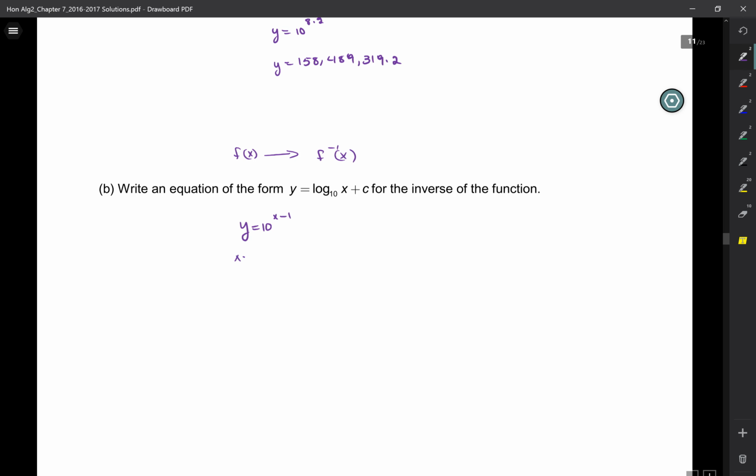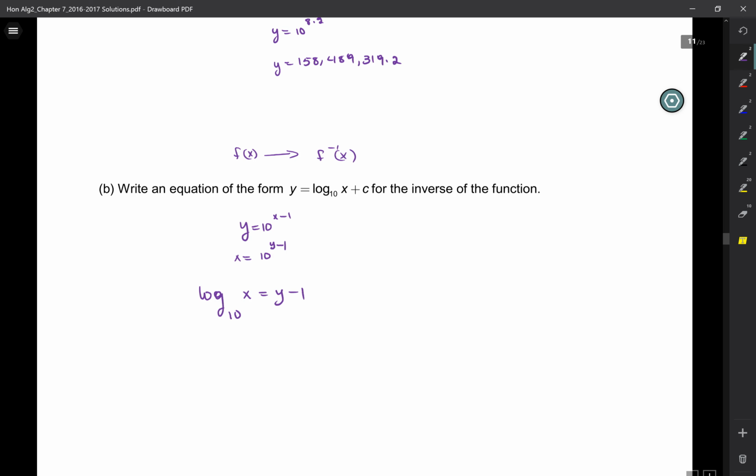So we switch x and y. Now, can we write this as a logarithm? I have 10 as my base and I have an exponent. So it'll be log base 10 of x equals y minus 1.